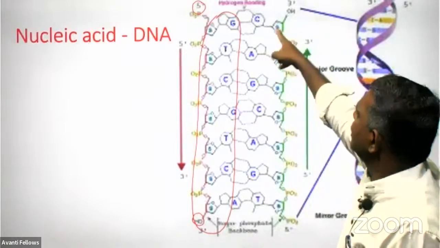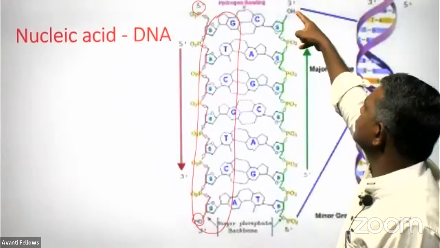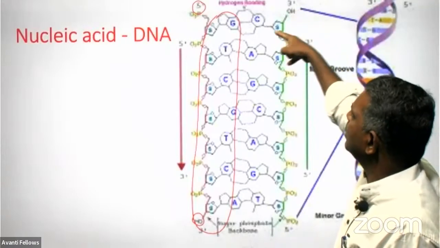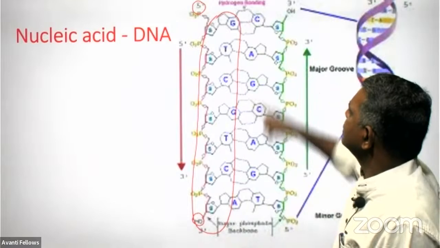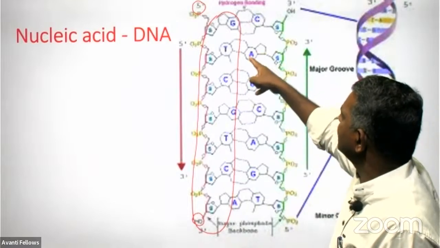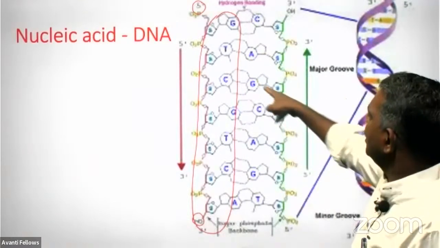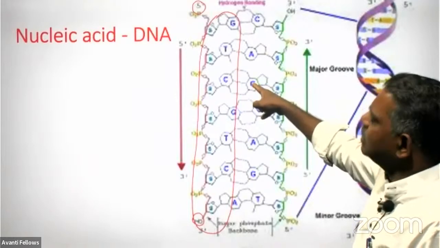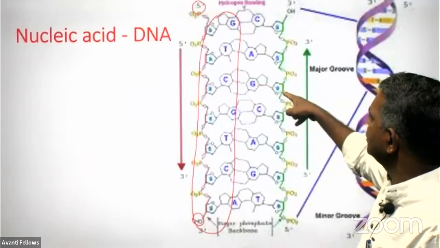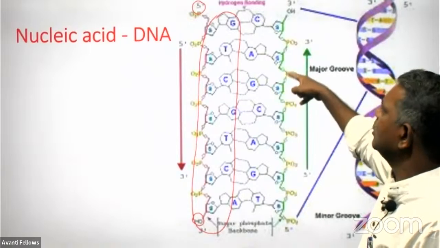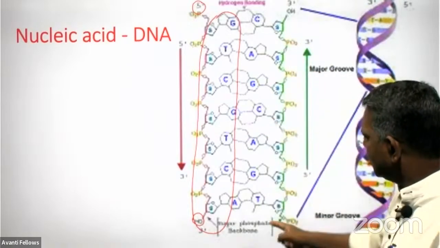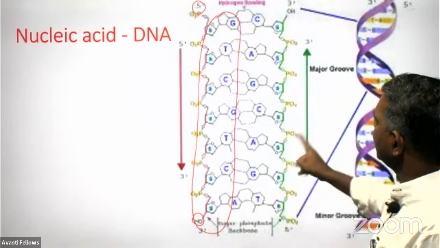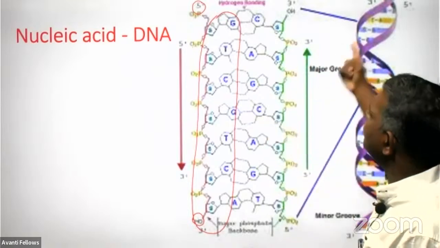Here it is the pentose sugar, and it is the phosphate molecule. It is the nitrogenous base C, and here it is the nitrogenous base, pentose sugar and phosphate molecule. And here G, the nitrogenous base, and the pentose sugar, deoxyribose sugar only, and phosphate molecule. So like that, another strand is also there, but it is running anti-parallelly.